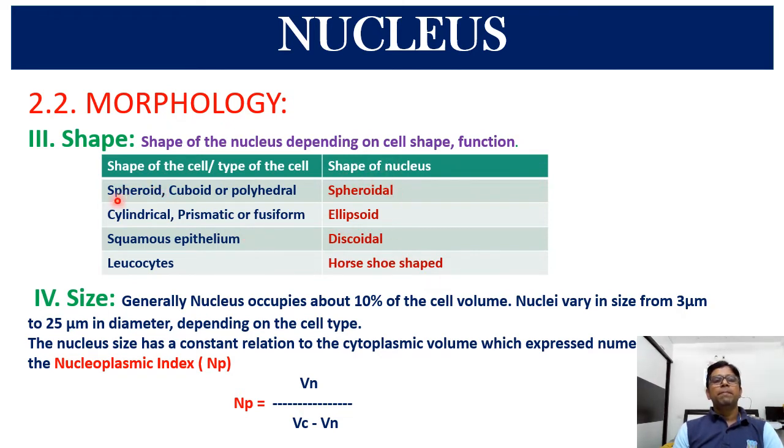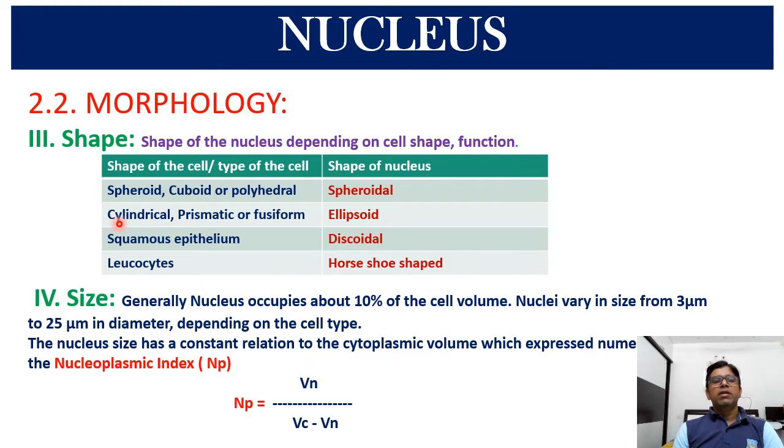Spheroidal cells, cuboidal cells, and polyhedral cells possess a spheroidal nucleus.